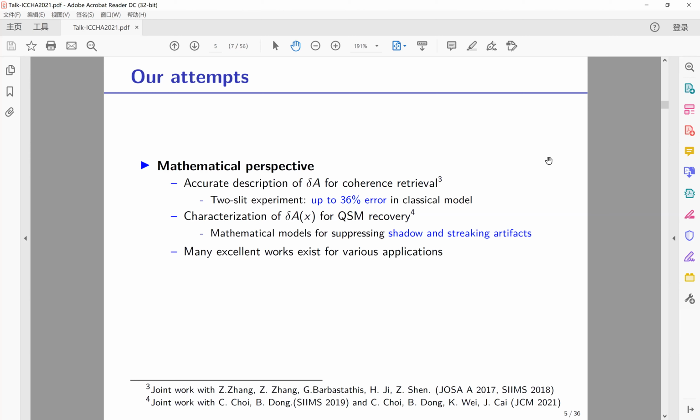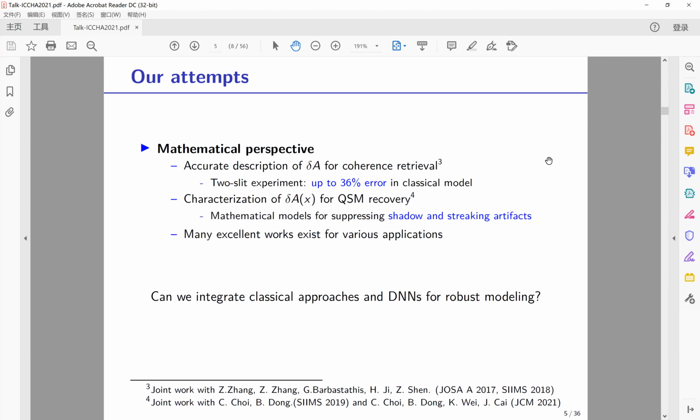However, as we know, there are many deep learning methods applied to image processing. So today we arrive at another problem: can we integrate this classical approach and DNNs for modeling these errors in our image processing problems?